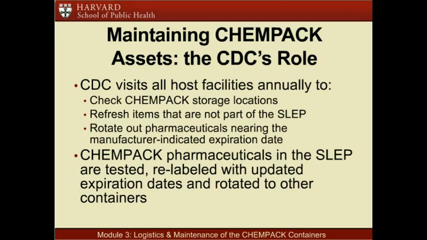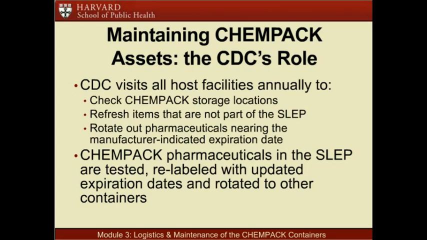This relabeling is also important to comply with federal and state law, which requires that the actual expiration date appear on the pharmaceuticals. Once relabeled, the antidotes are repackaged and restocked in a different CHEMPACK container, so the antidotes are actually rotated from one container to another, and even from state to state.